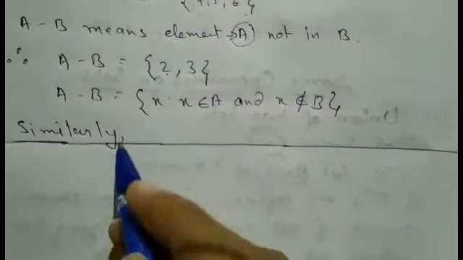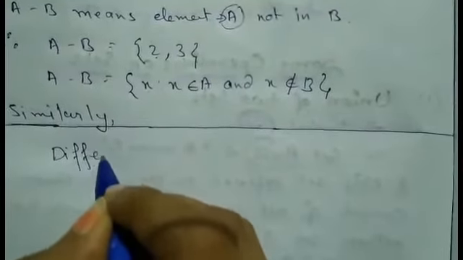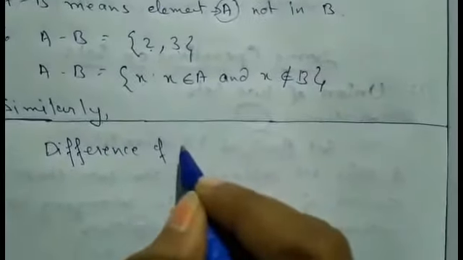Similarly, the difference of set A from set B is denoted by B minus A, and it is a set of all the elements of set B that do not belong to set A. For example, let set A have elements 2, 3, 4 and set B have elements 4, 5, 6.